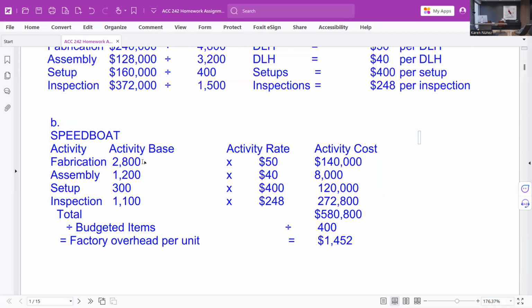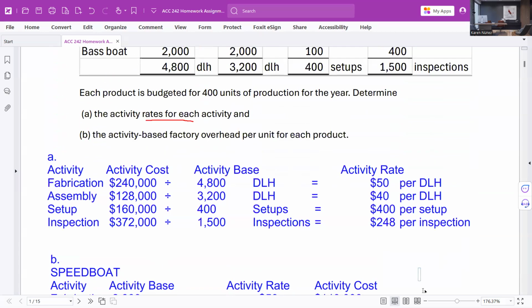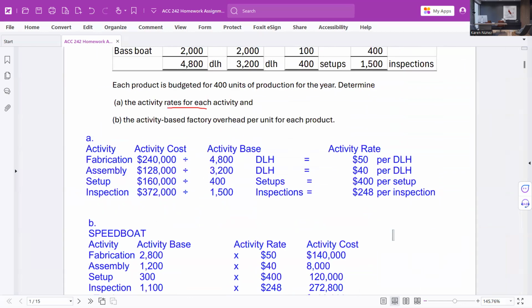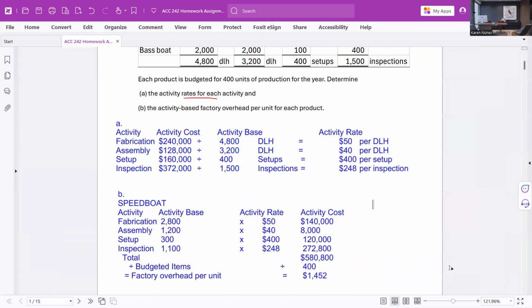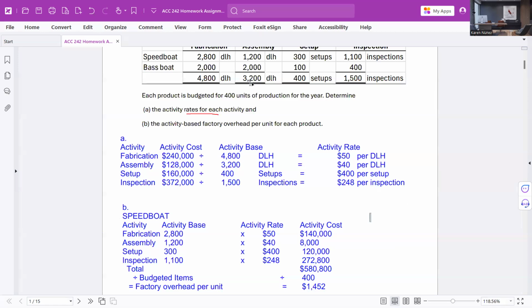So we have the activity fabrication. We have the activity base. The speedboat uses 2,800 direct labor hours, right? So let me reduce this a little bit so we can see what we've got. So the speedboat uses 2,800 direct labor hours, right, for the fabrication activity.